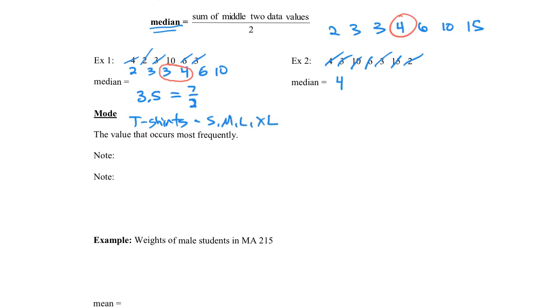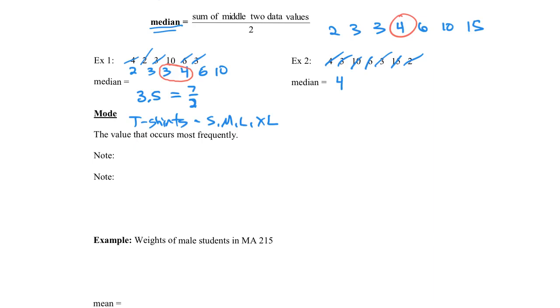Maybe you're gonna cut back on t-shirts, and you're just gonna sell the size that sells most often. So you'd be looking for the modal size. Really it's the value that occurs most frequently. It doesn't have very many applications.